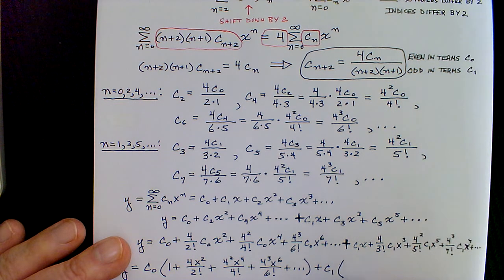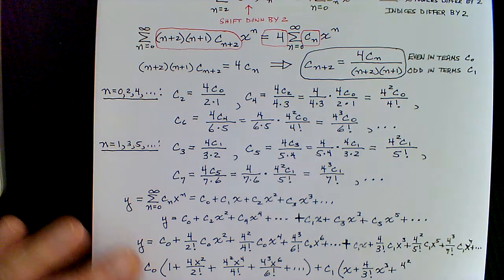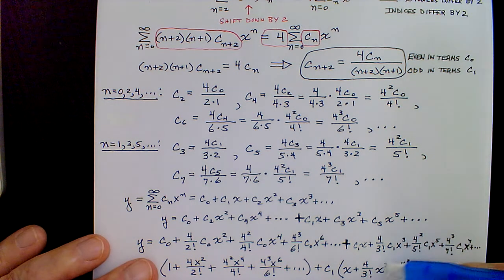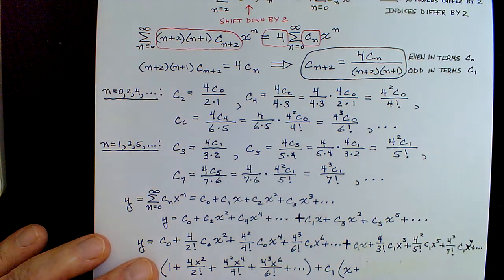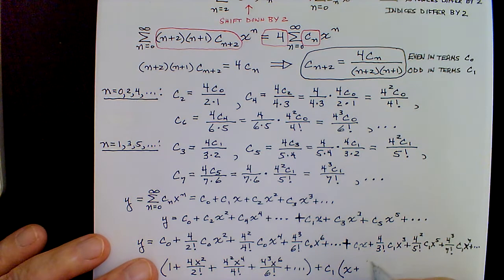Then plus the c1 factored out of these terms. And we have x plus 4 over 3 factorial x cubed plus 4 squared. Well, let's write that, okay, maybe better written as, because we have to put this in terms of an elementary function, so maybe like I wrote the previous ones with the x's in the numerator.